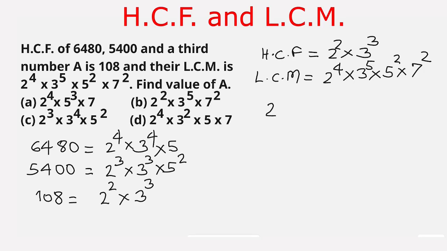The third number must have 2 to the power 2. Why should it have 2 to the power 2?